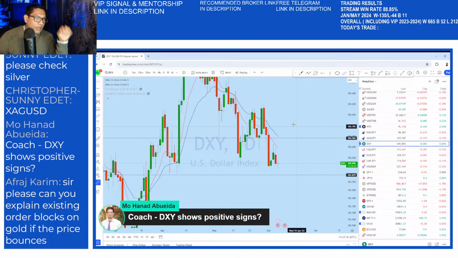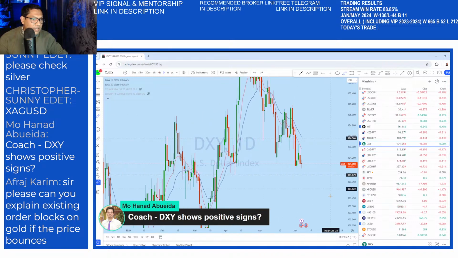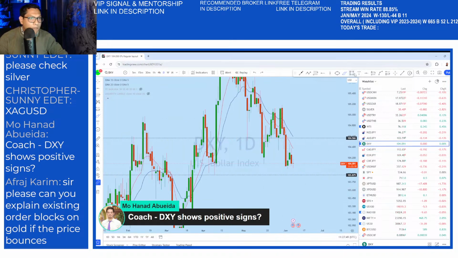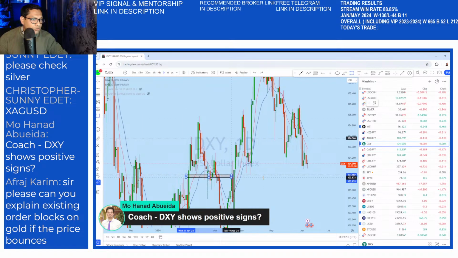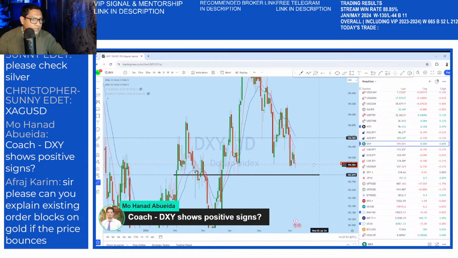Because it's a downtrending market, we can see a big drop, a pullback, and expecting a further drop, which might lead gold to drop below this level here, which is a very important support level.